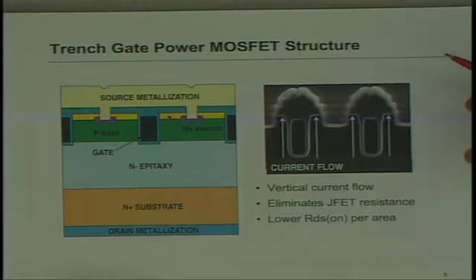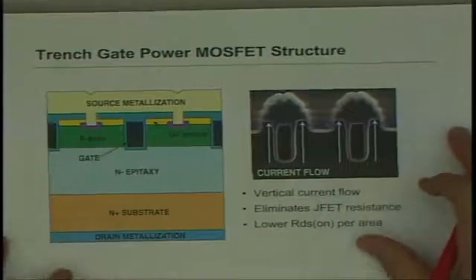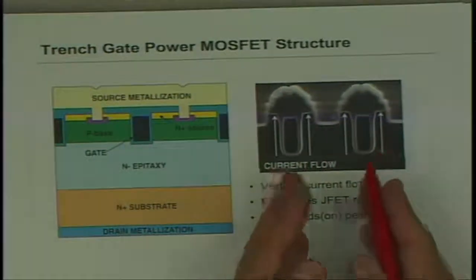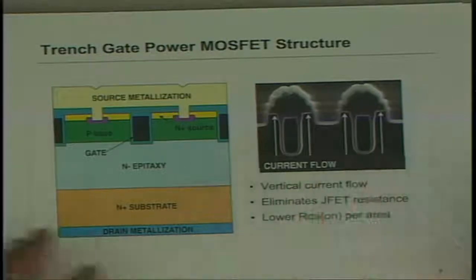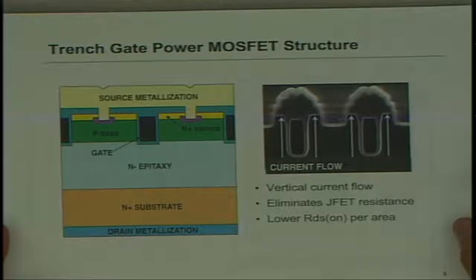So the big difference here is that now current flows along this gate, which is now vertical instead of horizontal. So the cell pitch, in other words, the distance between cells, becomes much, much smaller, and the overall current density has gone up quite significantly. We're talking factors of 2 or 3 or 4, depending on the technologies.